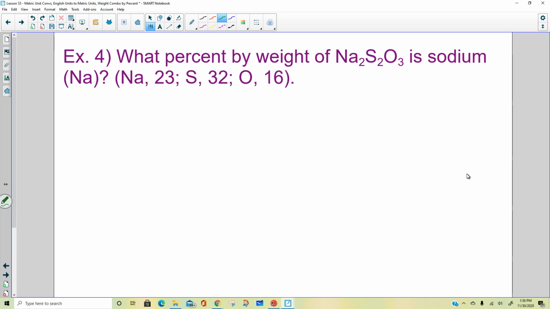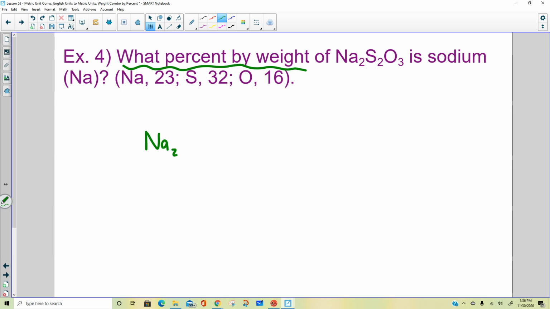Let's talk about percent by weight. These are problems that you have done before. Okay. You've figured out how much is sodium, how much is oxygen, whatever, of the final solution. This is what's different. What percent by weight? So you're going to set these up as normal.